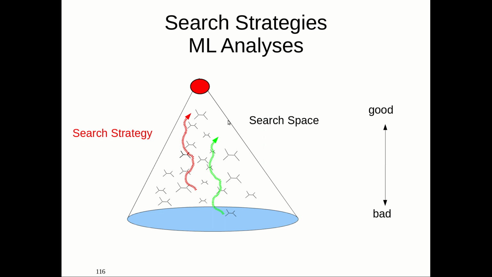And here's another example about search strategies for maximum likelihood analyses. This is our tree space, with the bad trees located down here, and the absolute maximum likelihood tree located up here that we're never going to reach just because the search space is so large. Here we may just start two independent searches through this search space, indicated by the two arrows, on different machines.